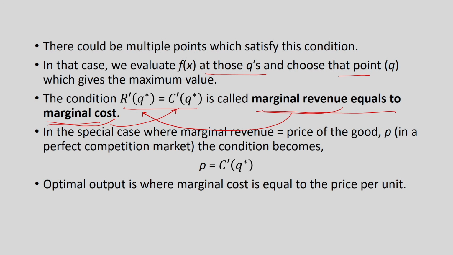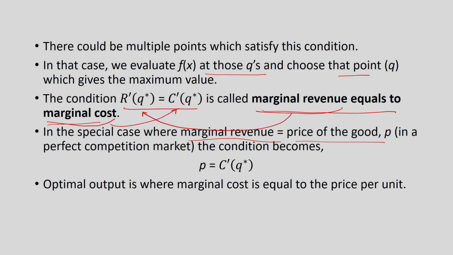Now, in the special case where the marginal revenue is equal to the price of the good P, this happens in a perfect competition market. We have talked about this case in some previous lecture. So, in a perfect competition market, if a producer produces more, then the revenue changes by the value of the price.